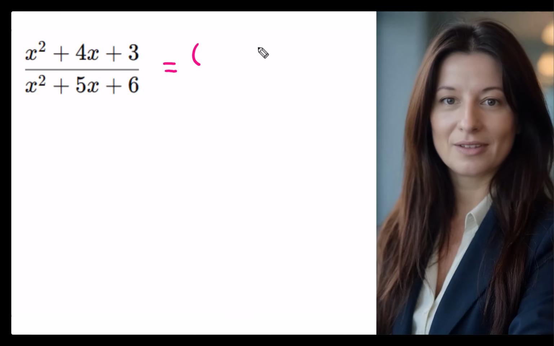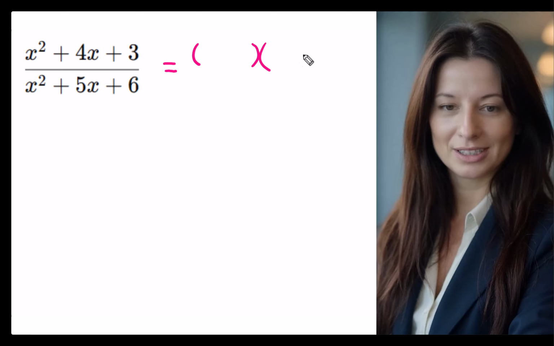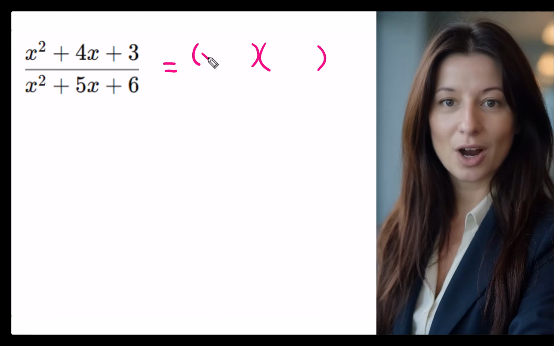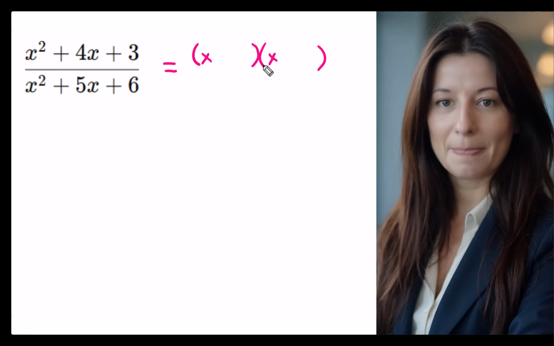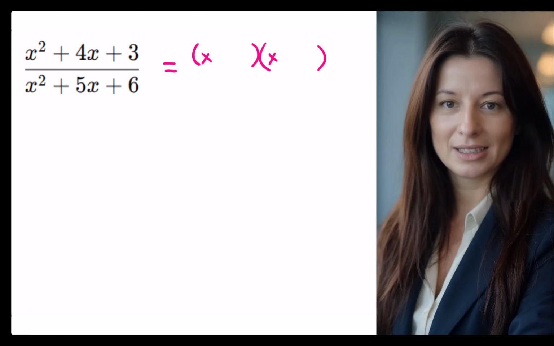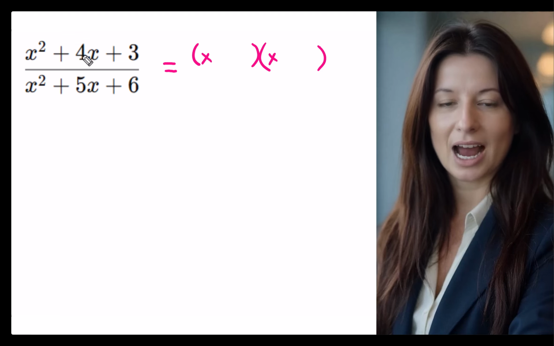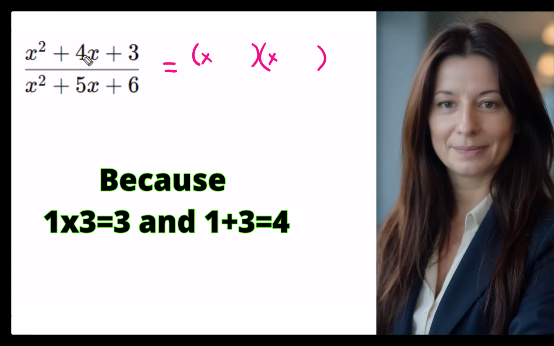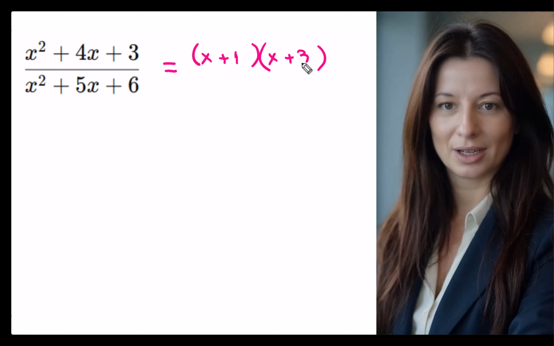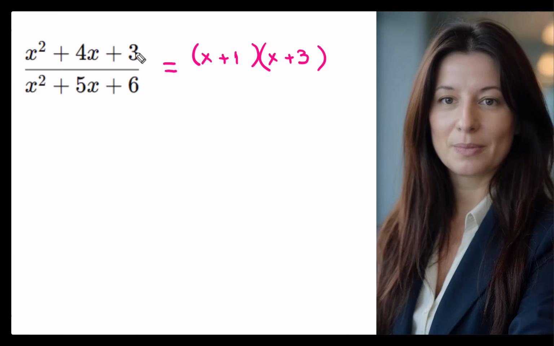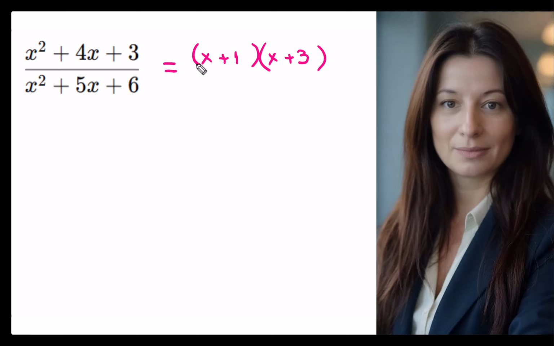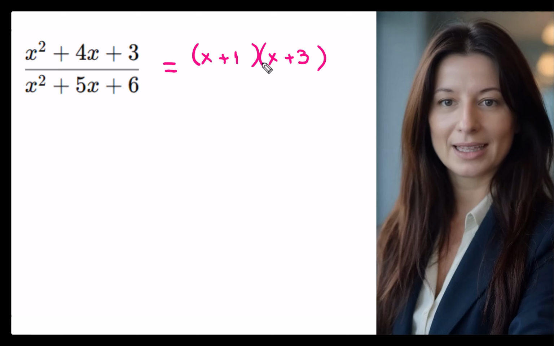So we are looking for two numbers whose product is positive 3, the constant term, and whose sum is the middle coefficient, number 4. Those numbers are 1 and 3. So we're going to write the first one here and the second number here. So this trinomial can be written as a product between x plus 1 and x plus 3.